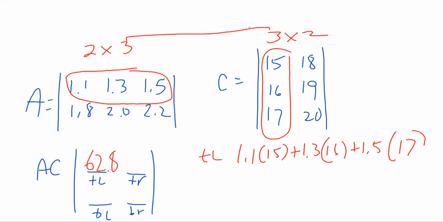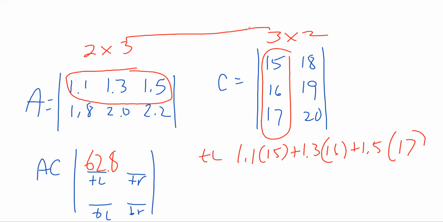My calculator says, just to make sure, I got 1.1 times 15, which was 16.5, 1.3 times 16, which was 20.8, and 1.5 times 17, that's 25.5. So that adds up to, checking my math repeatedly, checking my process repeatedly. And yeah, you got to check your stuff repeatedly. Yeah, that's 62.8.